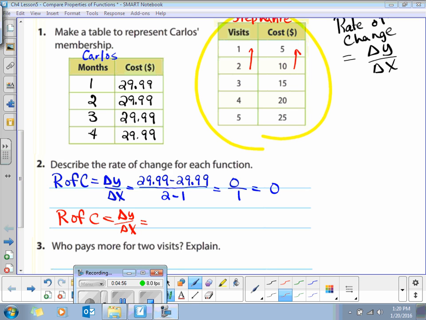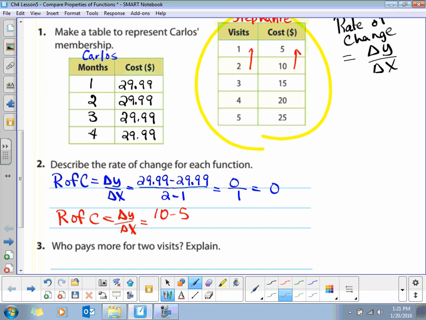So to find the rate of change for Stephanie, we're going to subtract the y values, 10 minus 5, over the x values, 2 minus 1. So that gives me 5 over 1.